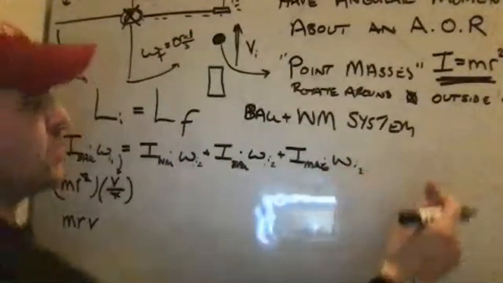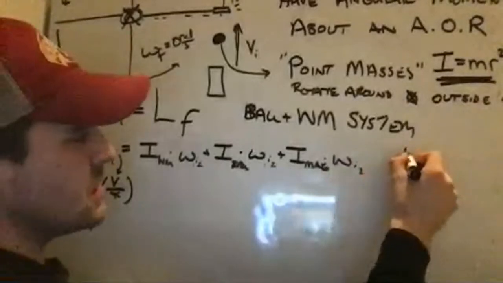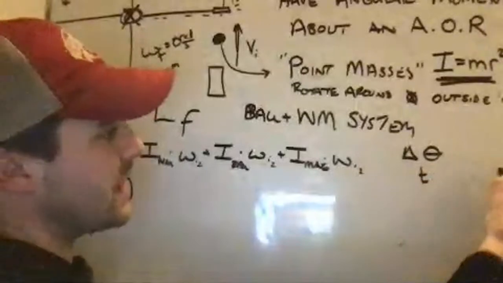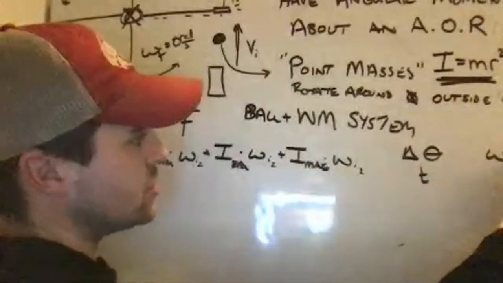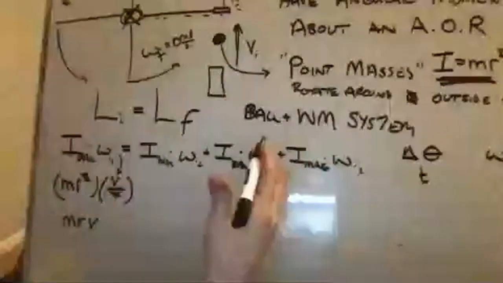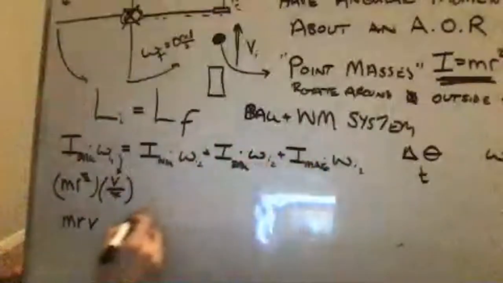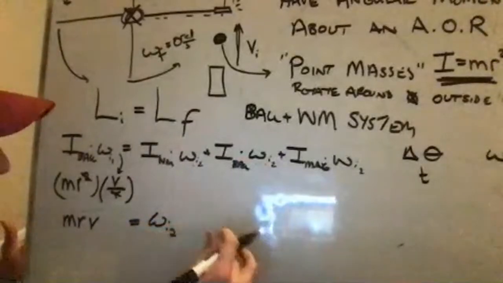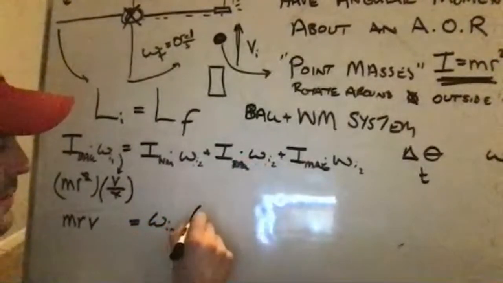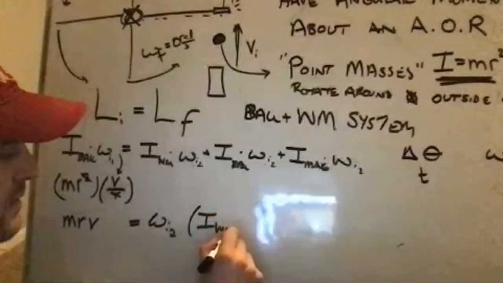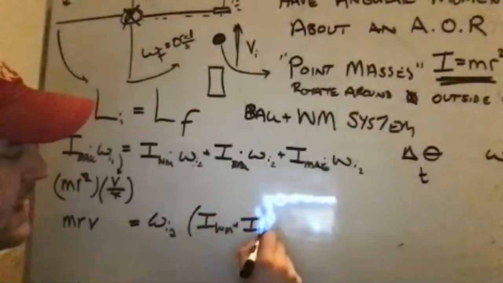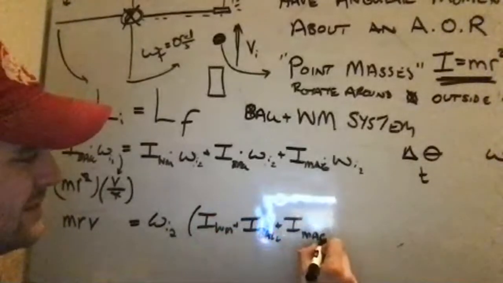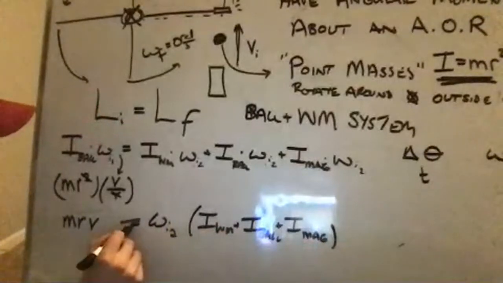This is where things got a little weird. We had to use our data, the change in theta and the change in time, to find initial number 2. We did that using some kinematic equations, all to eventually support the idea that the initial speed after the collision multiplied by I of the windmill plus I of the point mass ball plus I of the point mass magnets were in fact equal.